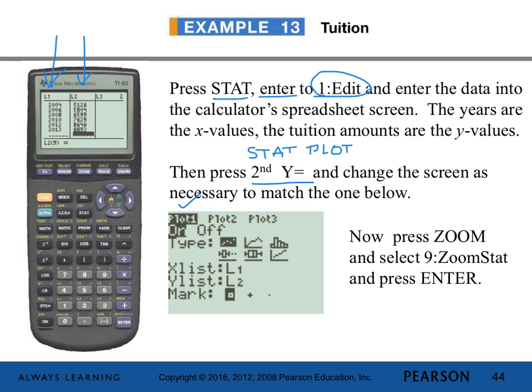It's probably in the off position. You need to turn it on. You want to always keep it on this option. We are not going to use any of the others, just that one. We're always going to use list 1 for our x values and list 2 for our y values. And you're always going to keep this one on the first option because it's the easiest one to see.